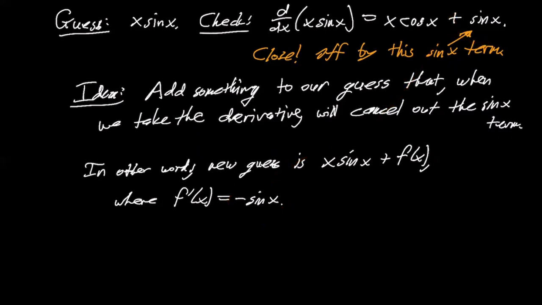When we differentiated this, we got this, and then if we add the derivative of this, that should be minus sine x to cancel out the sine x. Okay, so that's a good idea.